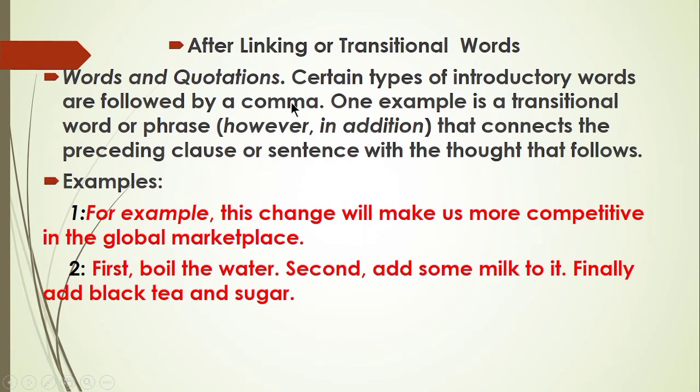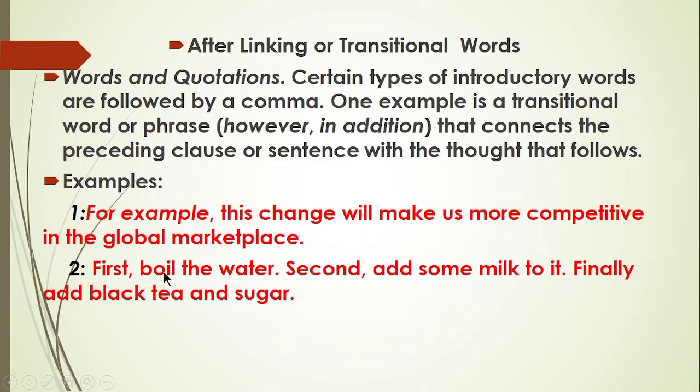So such transitional words connect the preceding and the succeeding information with each other. For example, for example, comma, this change will make us more competitive in the global marketplace. So for example is a transitional word or phrase, that is why we are using a comma after it.